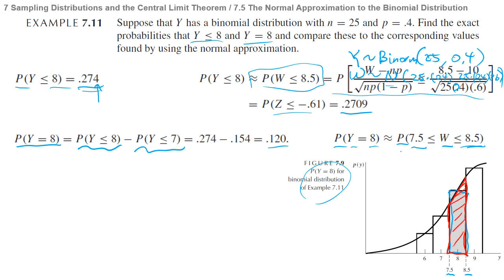You normalize this W with the corresponding standardized normal distribution, and then calculate it using the normal table.